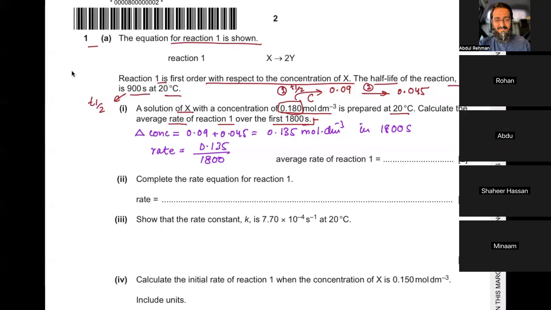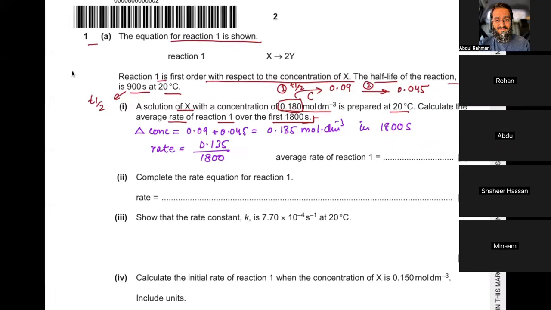Yes, can anyone tell me the answer, please? Okay, Shahid, thank you so much. So it is going to be 7.5 exponent minus 5 mole per dm cube per second.